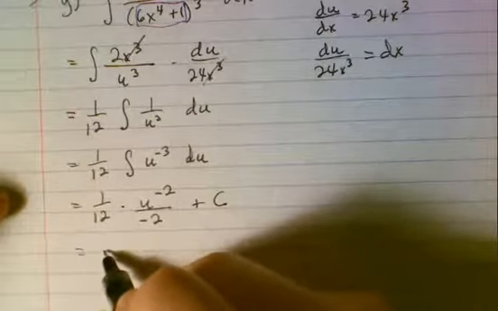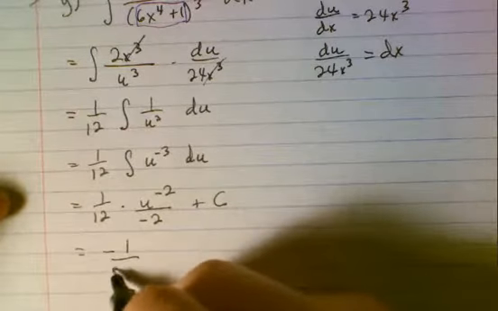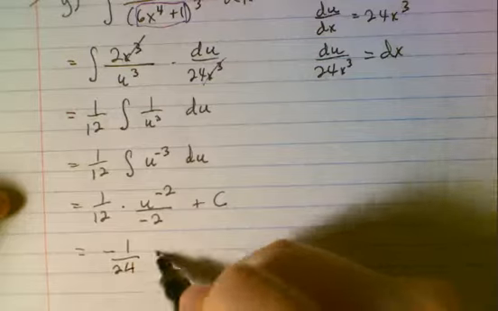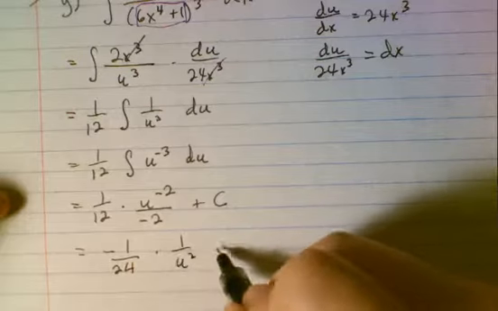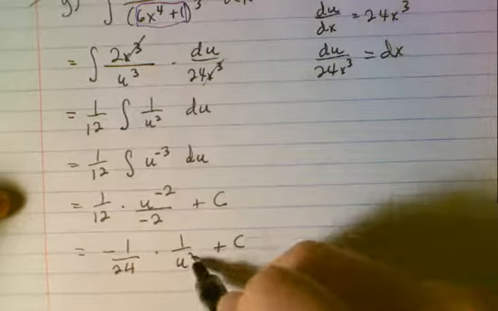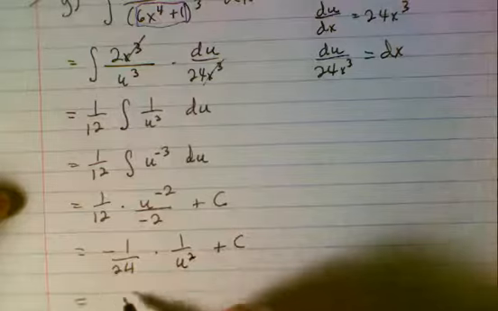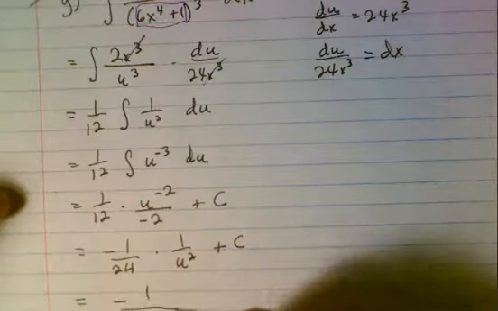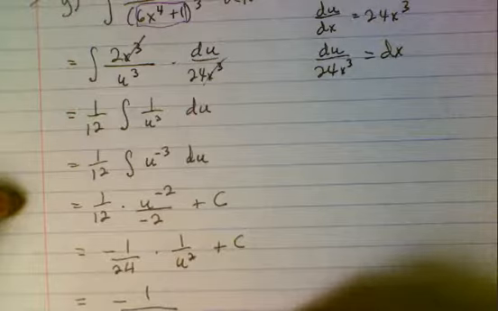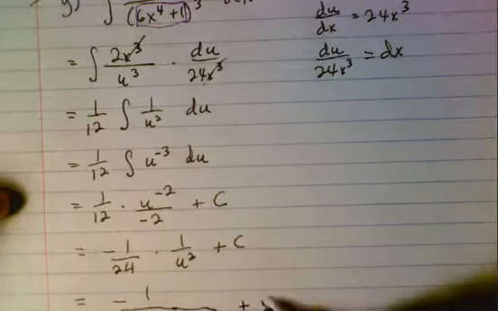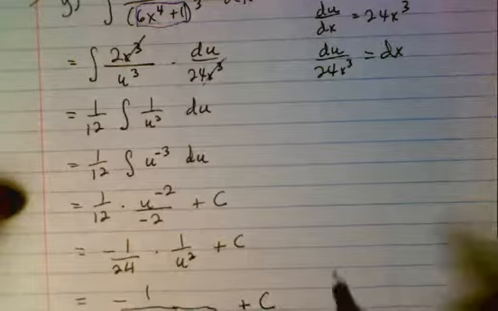So this is negative 1 over 24 times 1 over u squared plus c. Let's put in u. So this is negative 1 over 24, 6x to the 4th plus 1 cubed plus c.